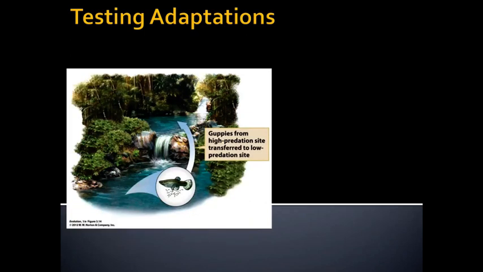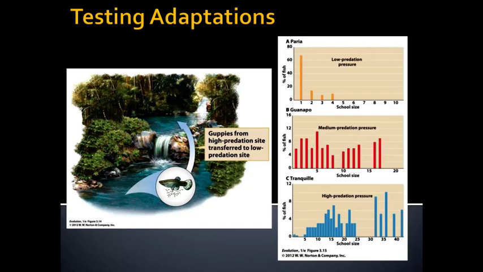Okay, so we take guppies that are adapted to a high predation environment in the lower part of the stream. We move them to an upper part of the stream where there's now no pressure, and then we watch to see what happens. Now, the prediction is that if this is an adaptation to that environment, then over time, as long as there's still diversity left, we should see a shift towards fewer and fewer offspring. And sure enough, that's what happened.